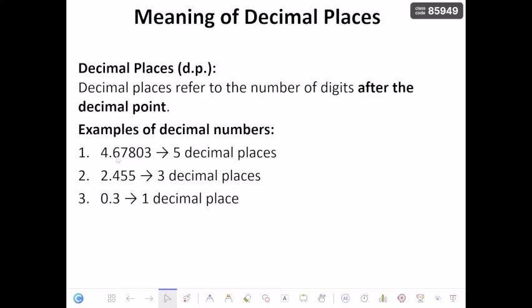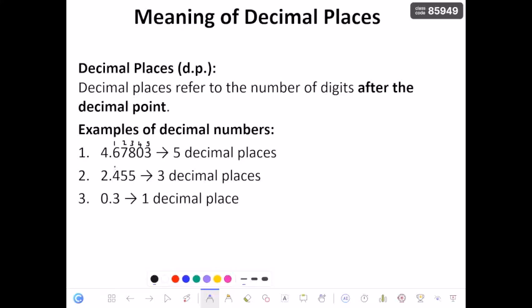For example, number 1, I have 5 digits after the point. Let me get my pen. So I have, this is 1, this is 2, this is 3, this is 4, this is 5. So there are 5 numbers, or you say 5 digits after the point. So therefore, this number is a 5 decimal place number. So take note of this.